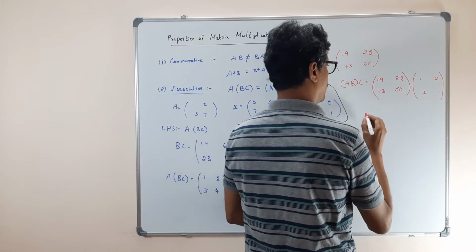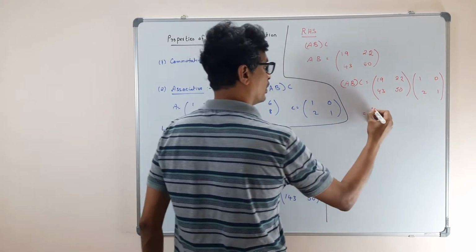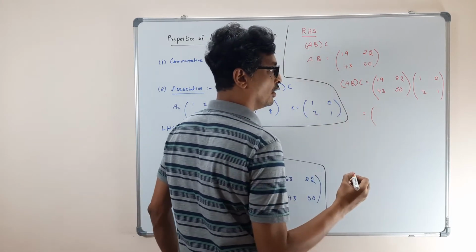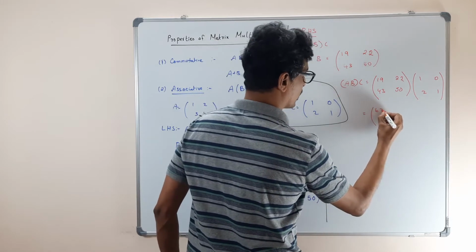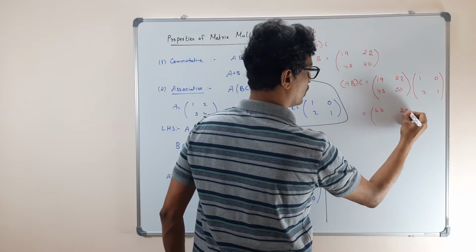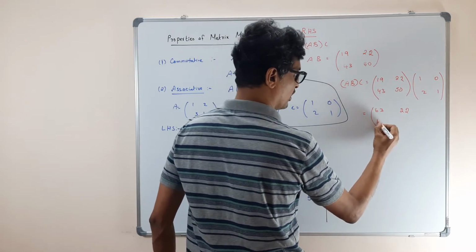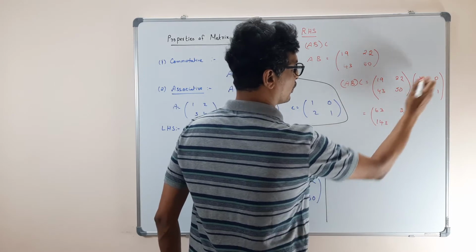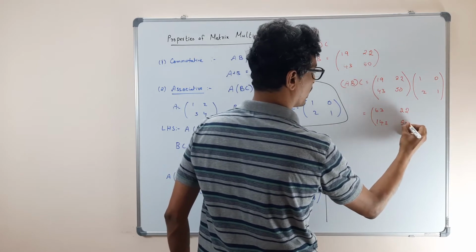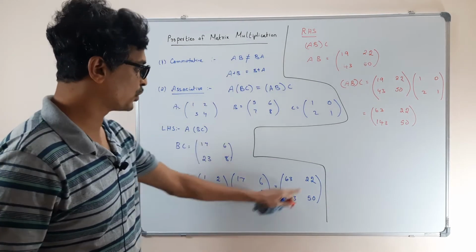First will be 19 plus 44, 63. 63, correct. This is 22. And this is 43 plus 100, 143. This is 0 plus 50. Are we getting the same? Yes. Okay, so they both are the same.